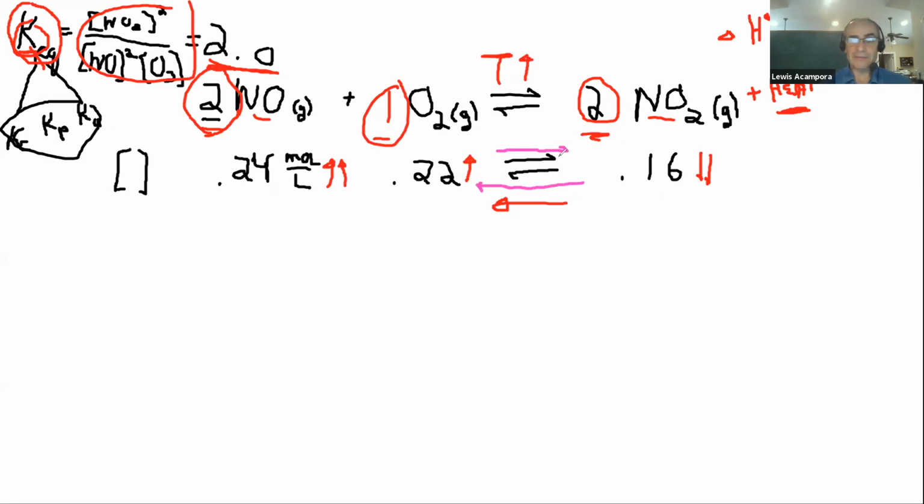So, don't be tricked into saying, well, as you increase the temperature, the rate of the forward reaction decreases. It doesn't. It will actually increase because there are going to be more particles that can meet that activation energy. But the reverse reaction will increase by a greater percentage or by a greater proportion.